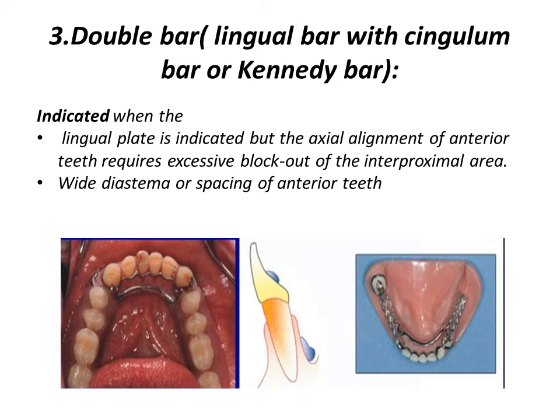We have two bars in this type of major connector: a lingual bar as low as possible without interfering with the floor of the mouth, and another bar resting on the cingulum of the anterior teeth. They are joined together at the end by a minor connector.